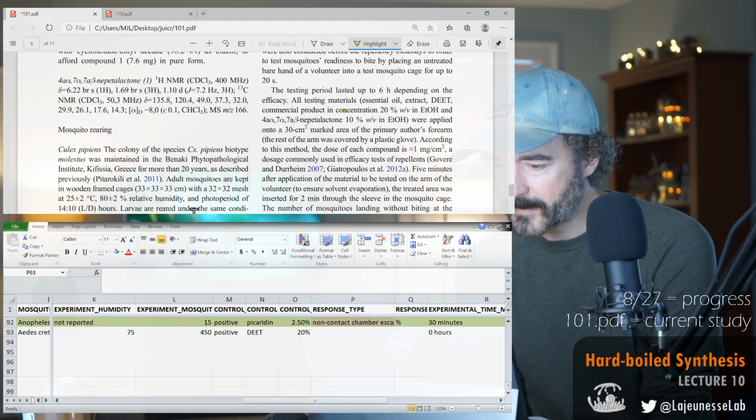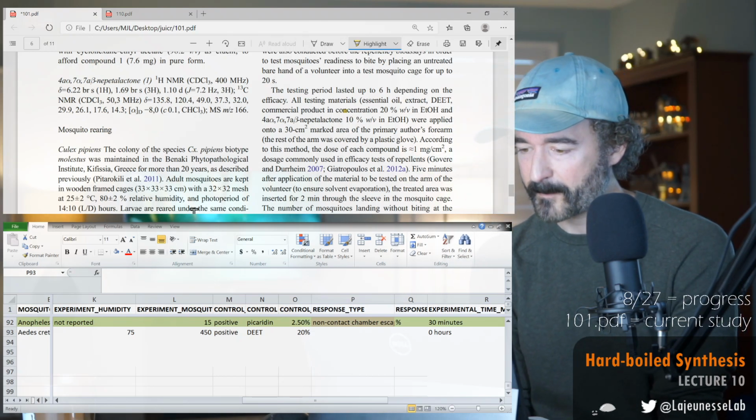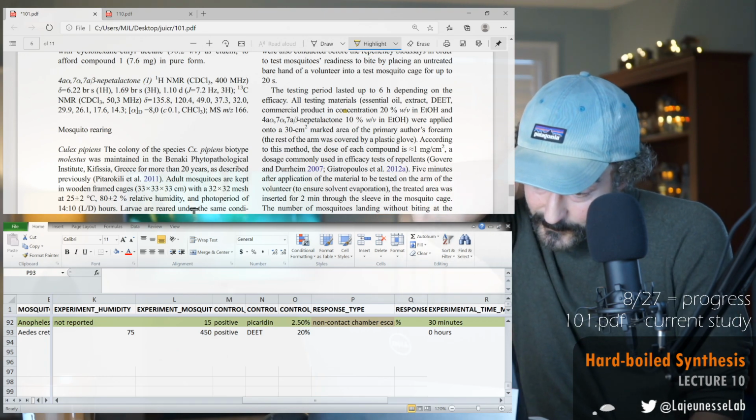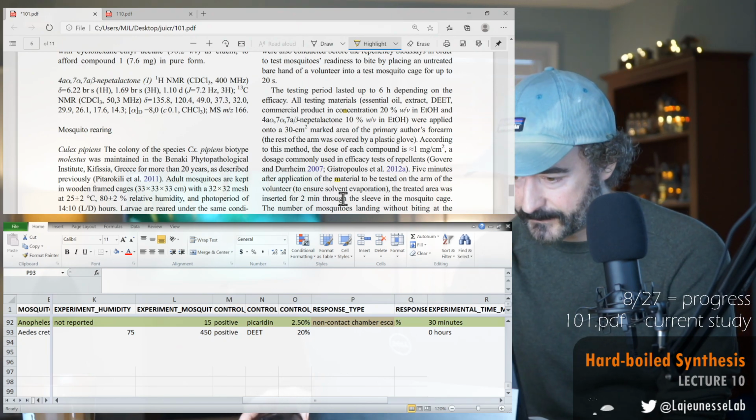5 minutes after application, number of mosquitoes landing without biting at the marked area was recorded at each interval until 2 landings occurred in a single 2-minute exposure. At this point, the test was terminated. Only 1 repellent preparation per day. All treatments were repeated 4 times. So the averages are based on 4 replications.